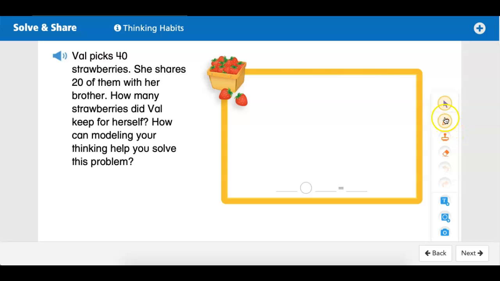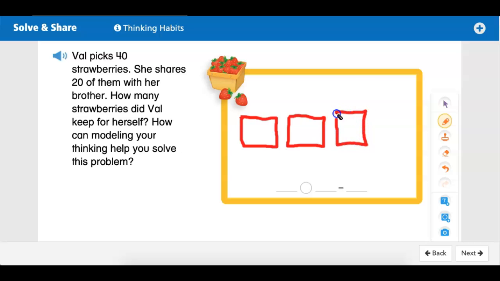There are a few different models we can choose from to solve this problem. I'm going to model this problem by drawing 4 groups of 10. I know that 4 tens will give me my total of 40. It tells us that Val picks 40 strawberries total.